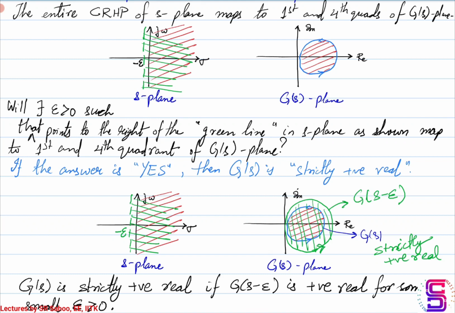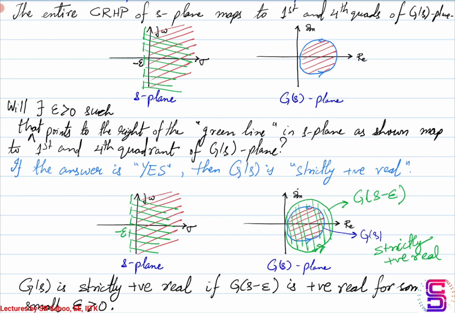That is what we want to ask. So what it is trying to say is, if instead of starting from the j omega axis, you start slightly to the left of it, will the map of such points lie in the first and fourth quadrant of the G(s) plane? That is what the question is. Now the answer is yes.